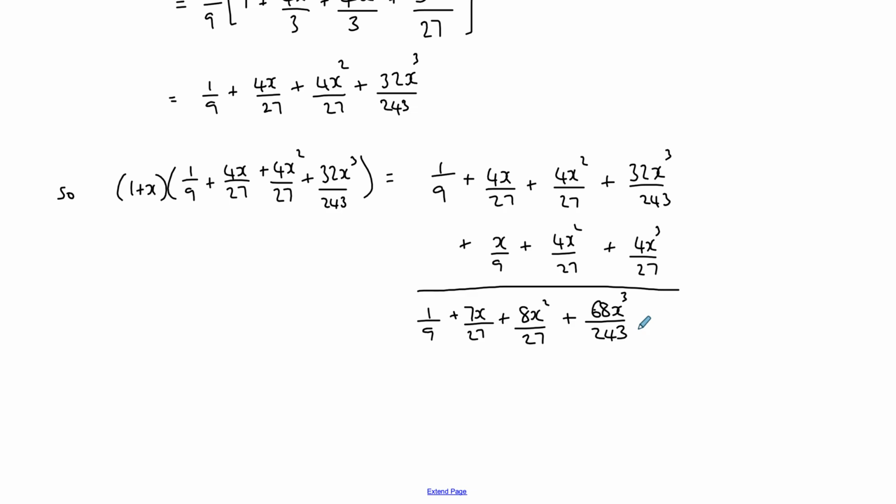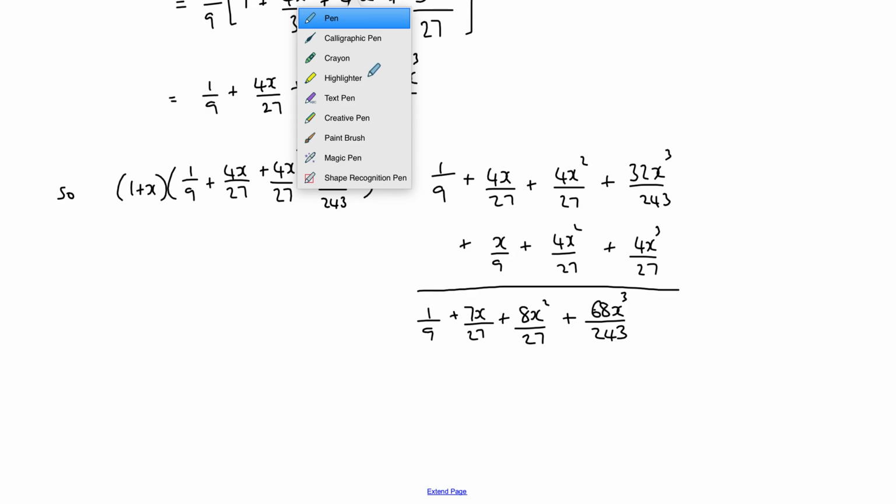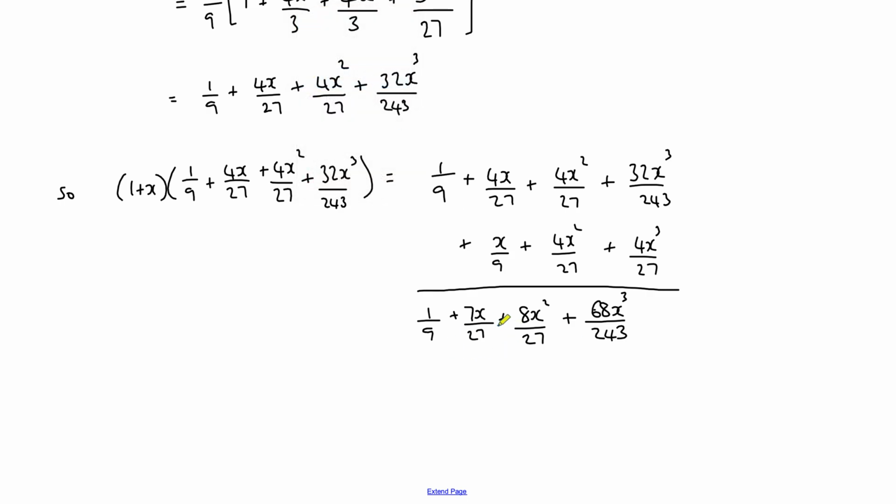Okay, so that's an example of how to do those types of questions. Variations on this type of question that you will see in exercise 4b, they might ask for, say, just the x cubed coefficient. If that's the case, you wouldn't need all of these terms. What you would do if they'd asked for a particular coefficient is you'd look ahead to which terms will give you x cubed terms and just add those two together.